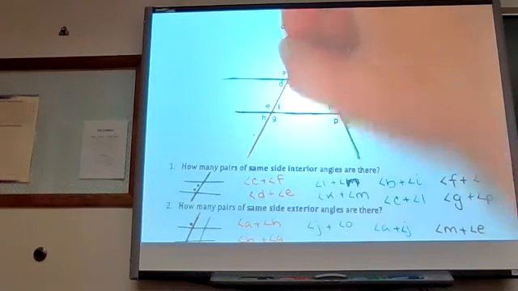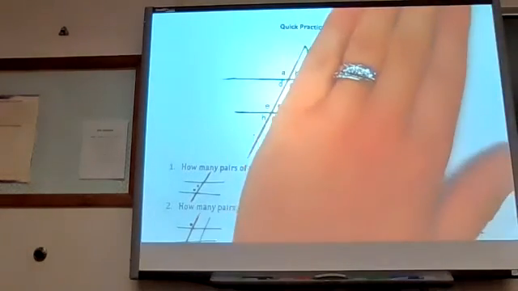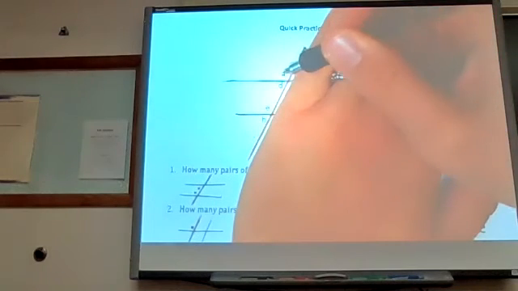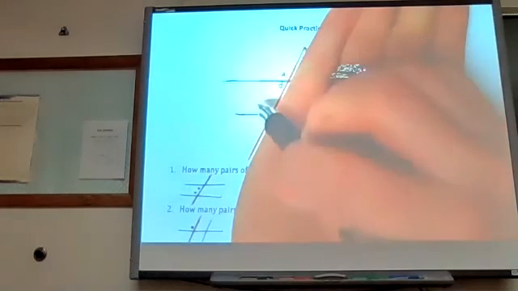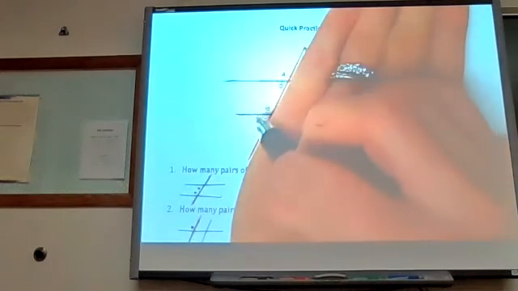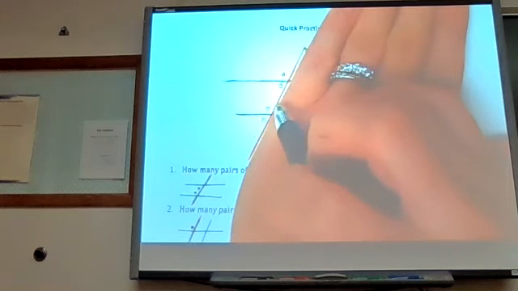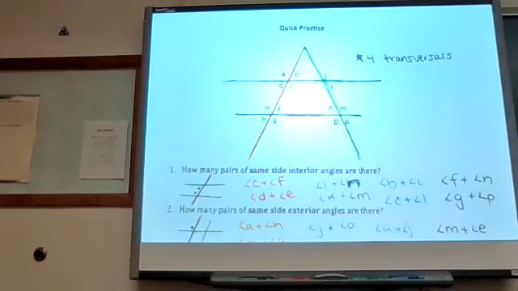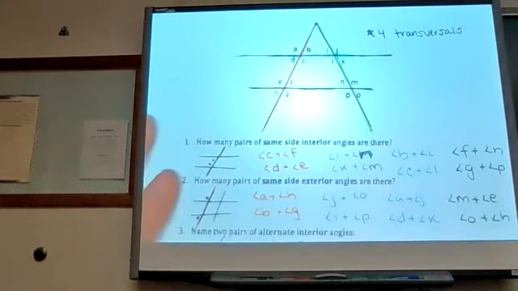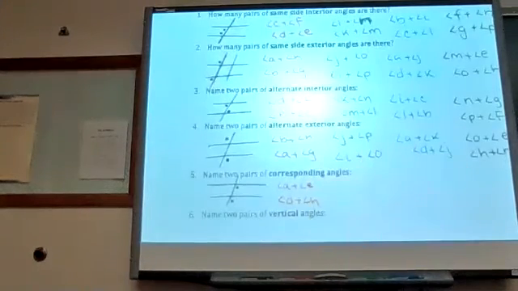If I'm on the orange transversal, I have to be on the same side, outside and inside: A and E. What would be the other pair on that side? D and H. So on one side of that transversal, I have angle A and angle E, and angle D and angle H. But I have 2 more pairs of corresponding angles on just that orange transversal.